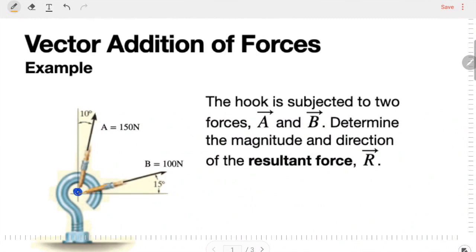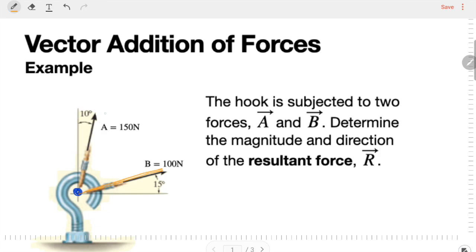Okay, let's look at this example. In this example, given that the hook is subjected to two forces, and we call the two forces A and B. The magnitude of force A is 150 Newton, and the magnitude of force B is 100 Newton.